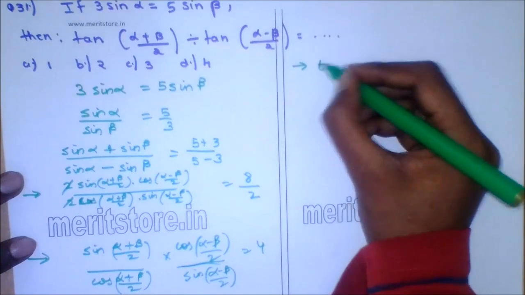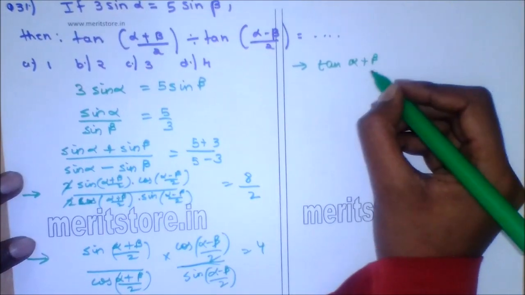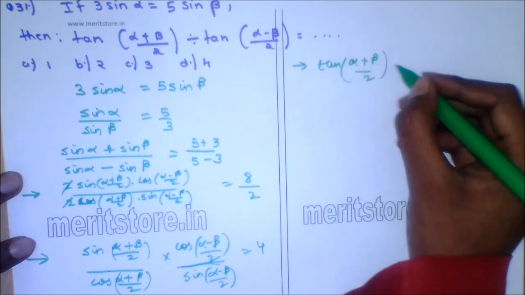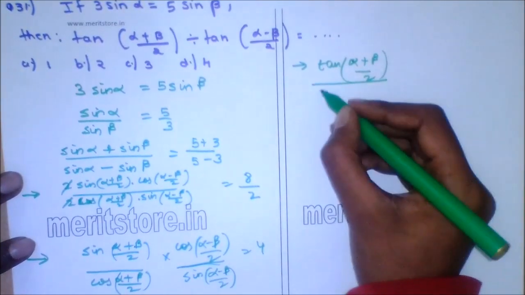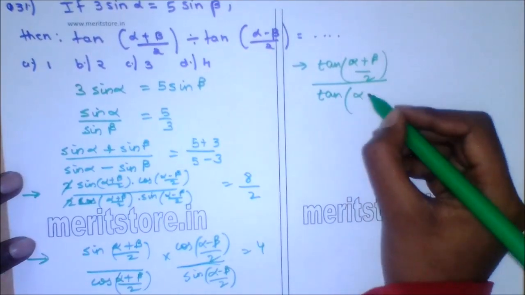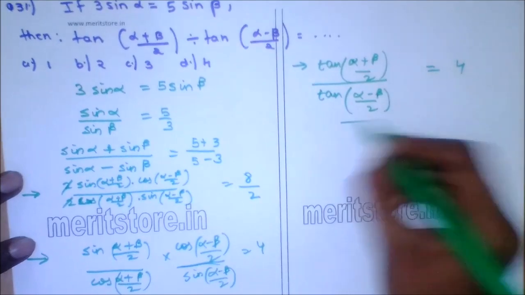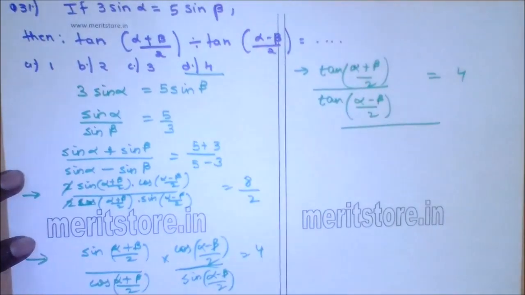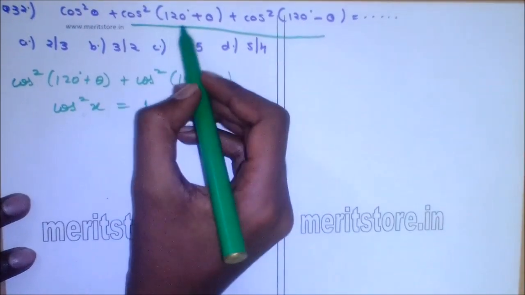This is tan (alpha plus beta)/2 divided by, this is inverse of tan, so tan of (alpha minus beta)/2 is equal to 4, which is option D.